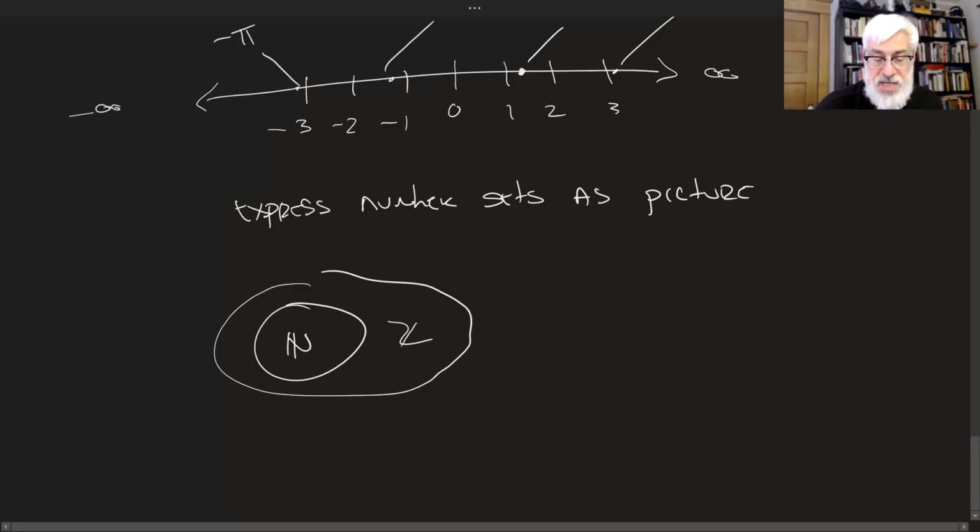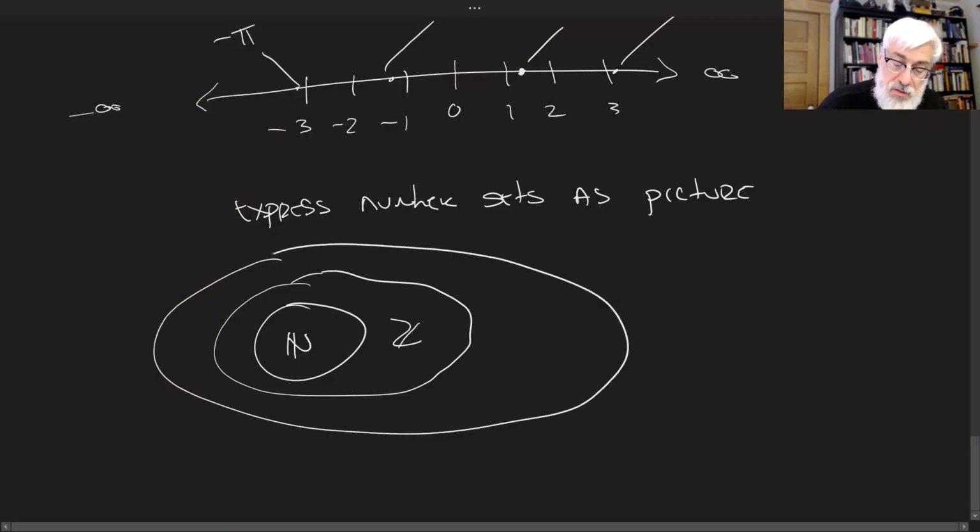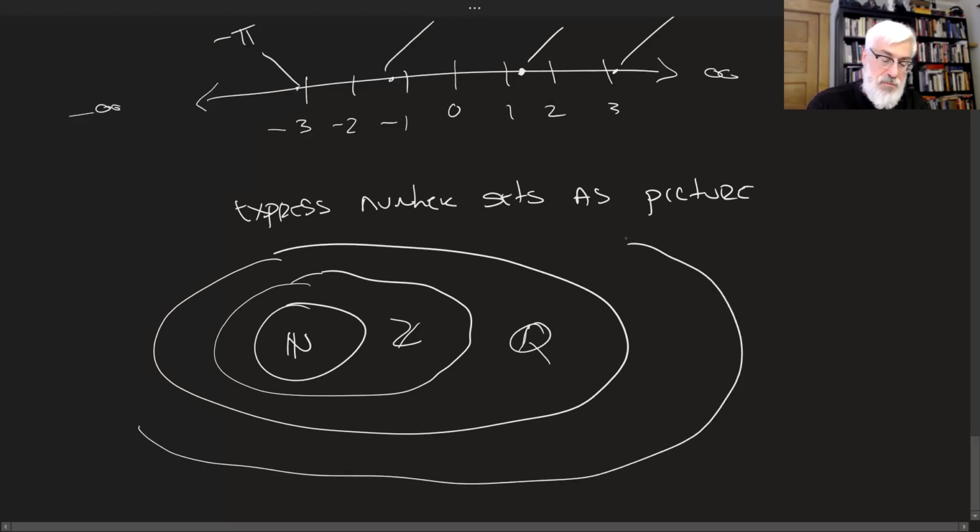In the integers, our lovely Z, is this set, and you can see inside the integers we are contained with the natural numbers, and then inside that we have the rational numbers, and of course encompassing all of these are the reals.